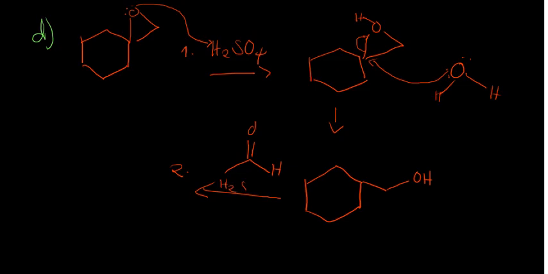This one comes there, and you're going to have this oxygen positive with a hydrogen after protonation. Then after this takes place, you have the oxygen here, which is negatively charged. It will come and attack there, opening this double bond.